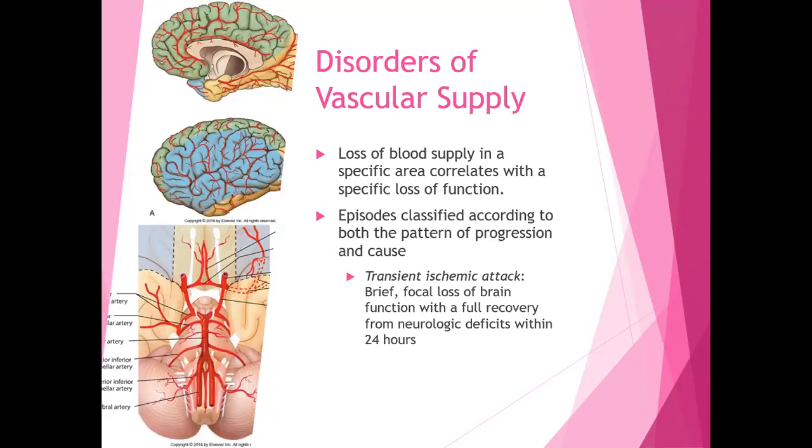And like I said, I don't want you to necessarily know this in detail, but it kind of gives you a planting of the seeds for the next chapter, when we talk about the areas of the cerebrum and their function. So the different arteries supply different areas of the brain, and if you have an occlusion of that artery, you're going to have effects in what that area takes care of.